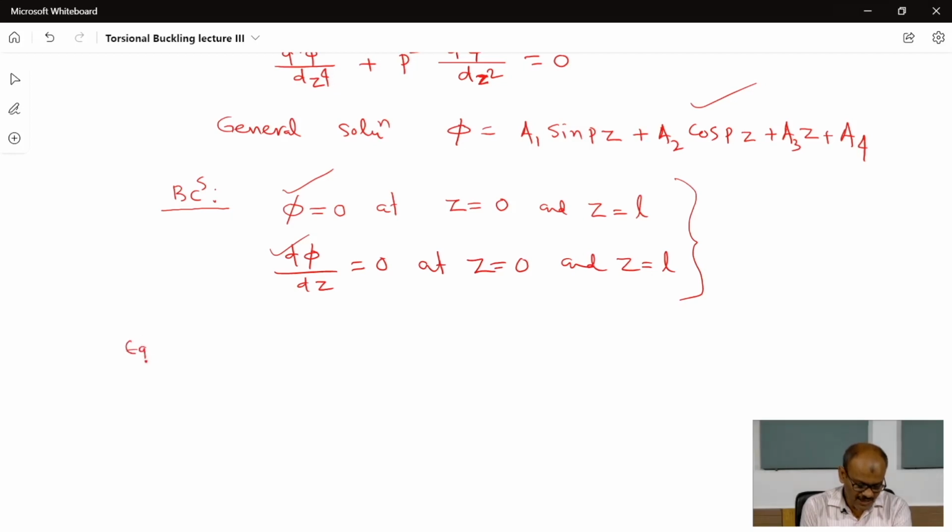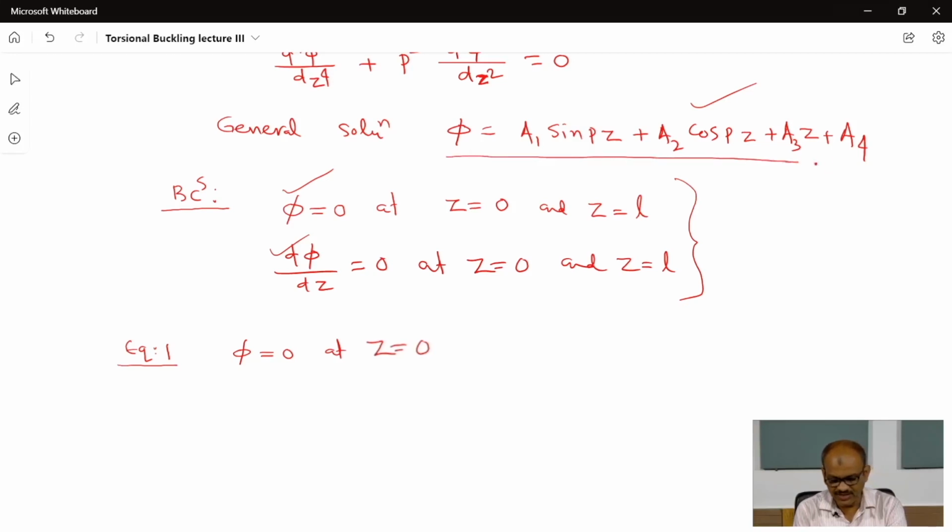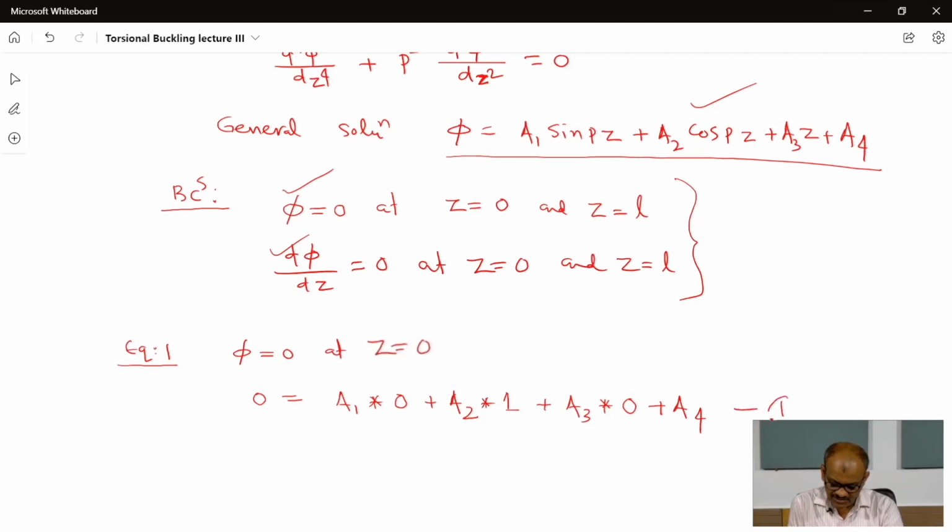If you substitute in the general solution, phi is equal to 0 means 0 is equal to a1 into sine value, that will be 0, plus a2 cos value, that will be 1, plus a3 z with z equal to 0, so you can write 0 here, plus a4. So, this is the first equation we got from the given boundary condition.